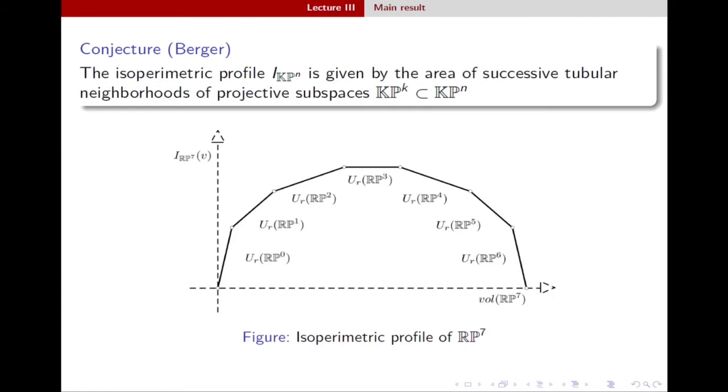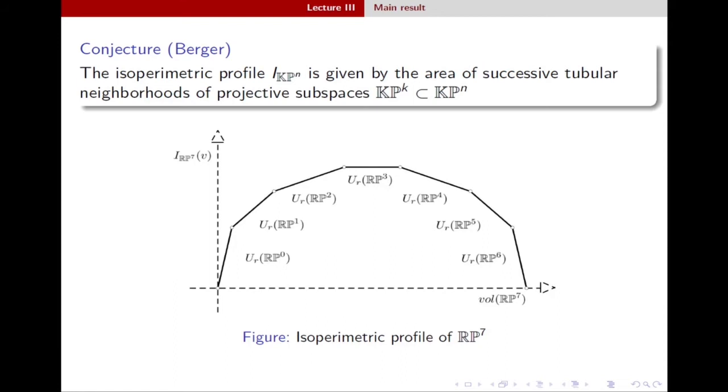As you can see in this graph, the profile obeys some successivity property. For very small volumes, the solutions are of course tubular neighborhoods of points, and then as the volume increases, tubular neighborhoods of geodesics become better competitors, and then as the volume increases, tubular neighborhoods of RP2, and you keep following that order.